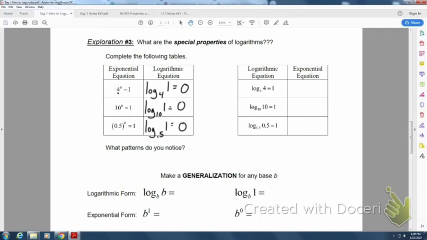Because 4 to the power of 1 is always 4. 10 to the power of 1 is 10. 0.5 to the power of 1 is 0.5. So these are just very simple properties that whenever you notice them, it's going to make your life a lot easier.